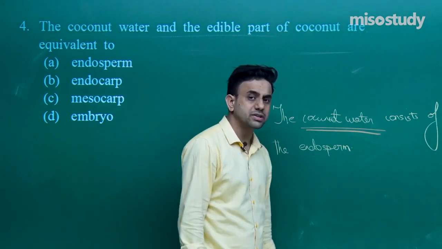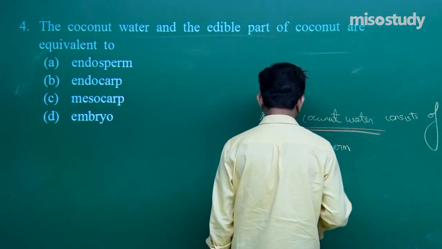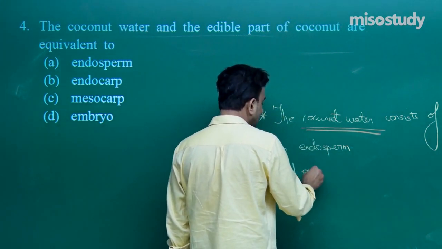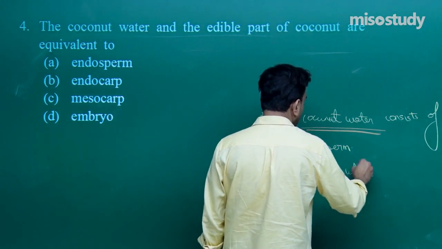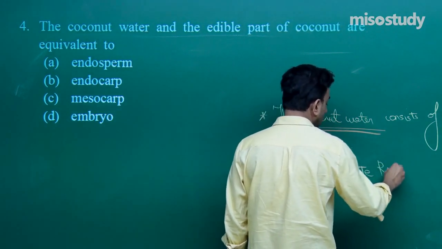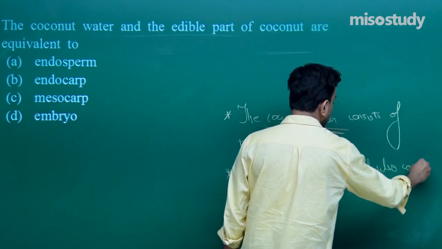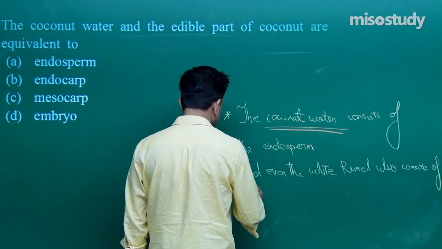The coconut water consists of the endosperm, and even the white kernel also consists of the endosperm.